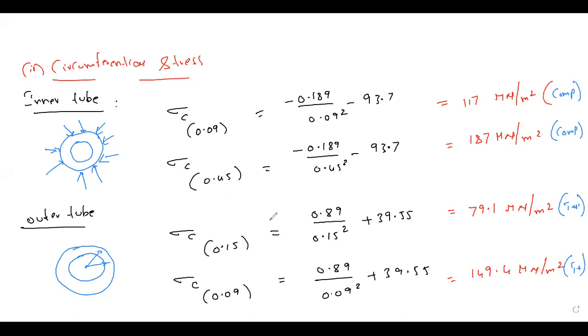Any doubts? The problem looks very big, but if you know the concepts, what the boundary conditions are and what we have to consider for calculating the constants, the problem will be very simple. Any doubts?